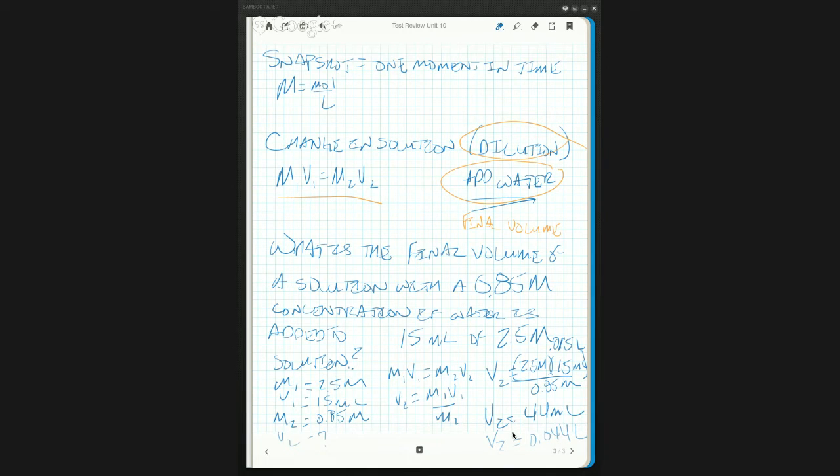In the question, it would have probably specified if it wanted milliliters or liters, or maybe it would have given you all milliliters or all liters. Hopefully you guys can convert between milliliters and liters. That's a piece that you need to remember: to go from milliliters to liters, you divide by 1,000. So that's the next part of that essential skill, dealing with molarity.